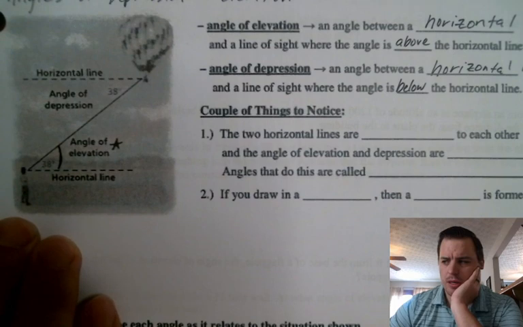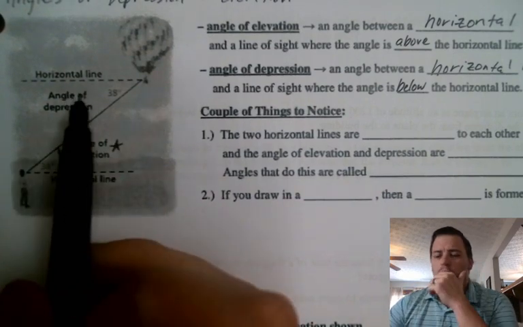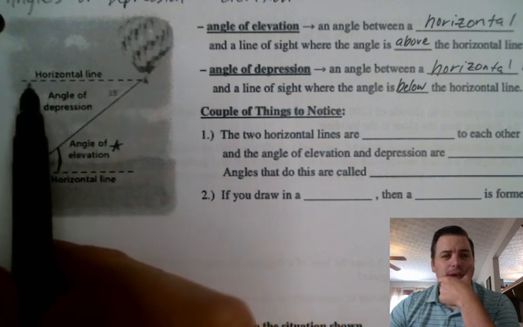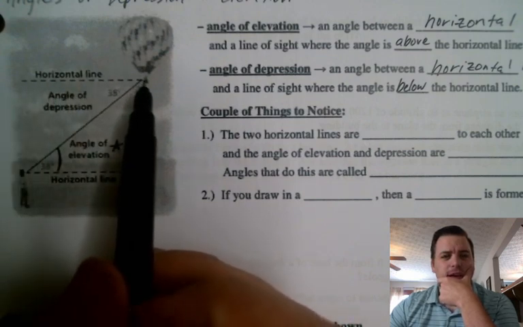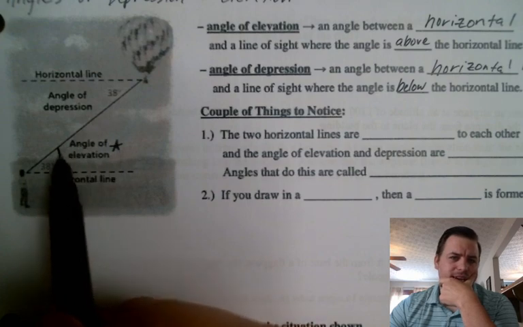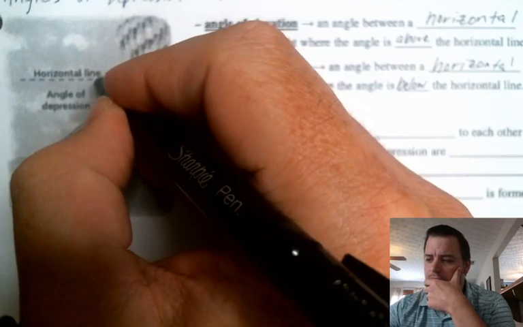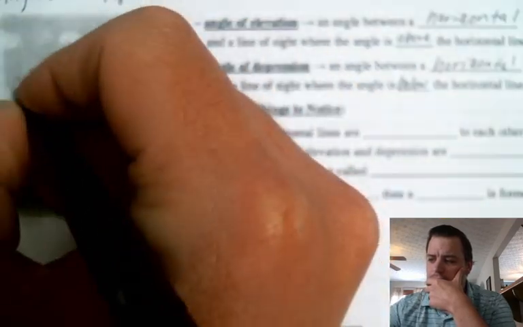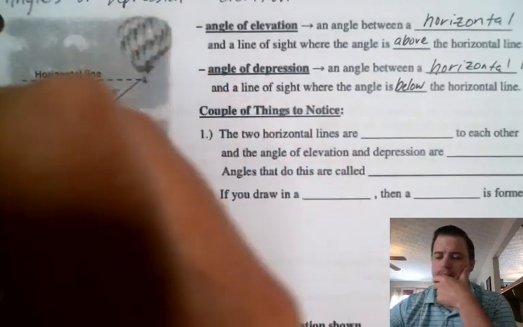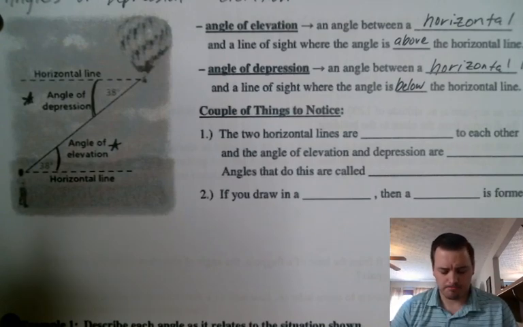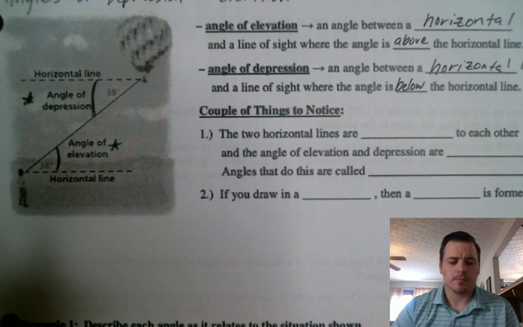So where something is looking down, we have a horizontal right here, and the line of sight looking down. That angle with the horizontal would be known as the angle of depression.